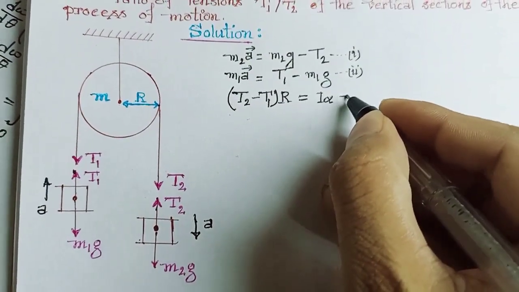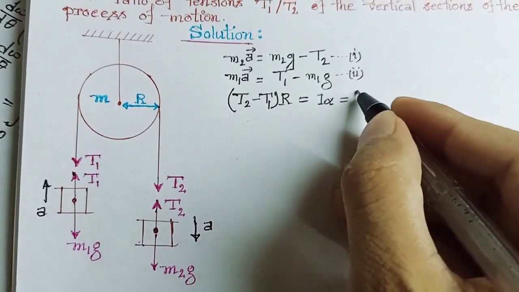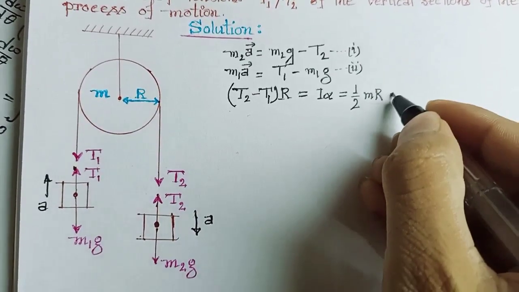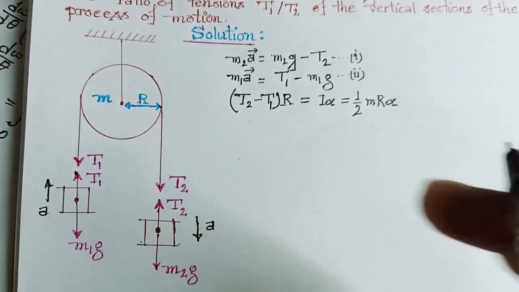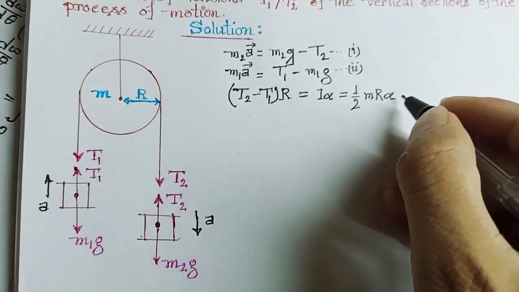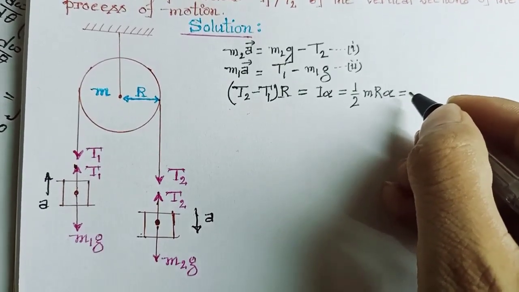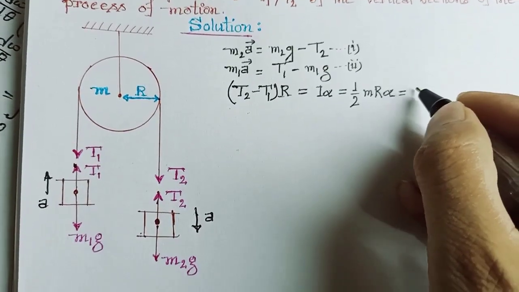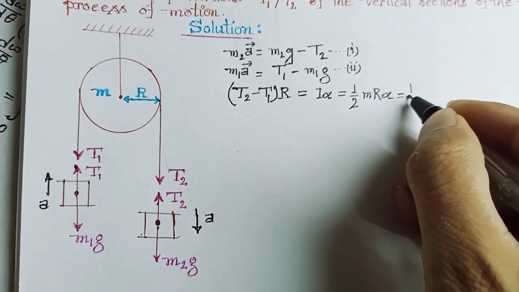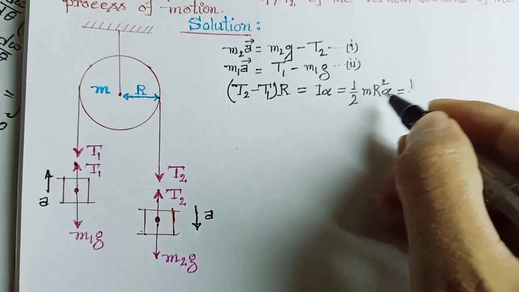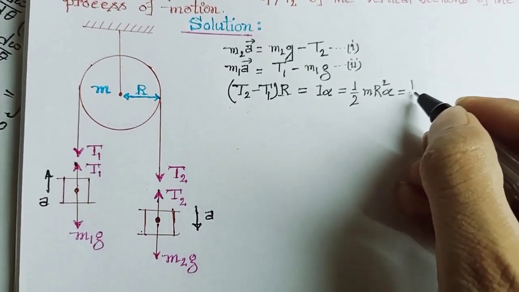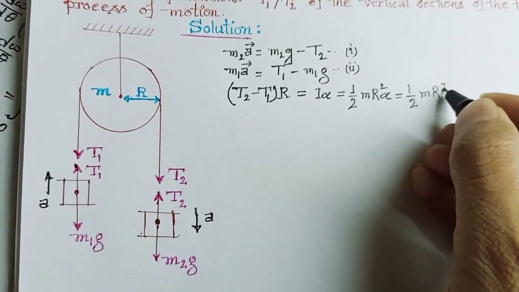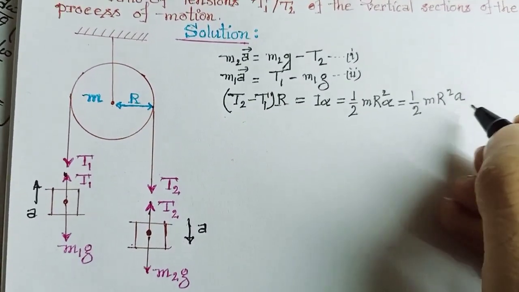As we know, the moment of inertia for a cylinder is equal to half m r square, and it is multiplied by alpha. And again, as we know, alpha is equal to a divided by r. So this will be equal to half m r square into a divided by r.